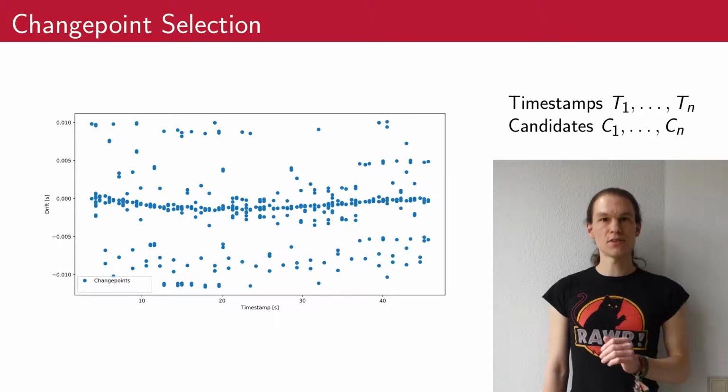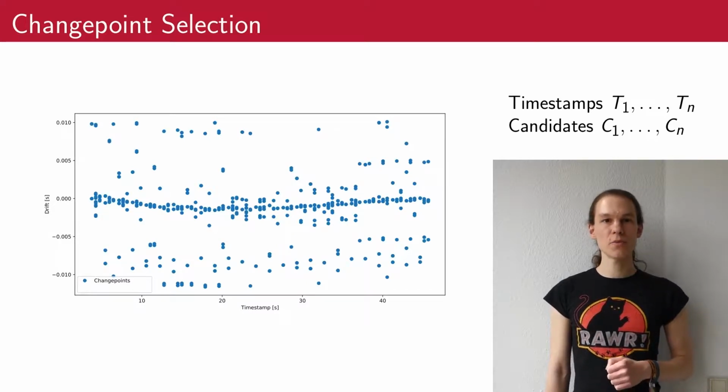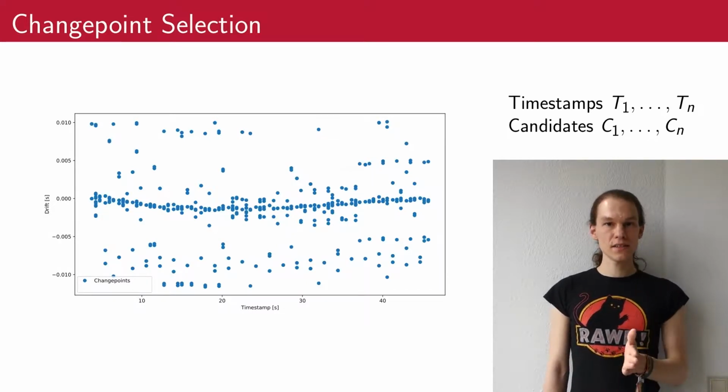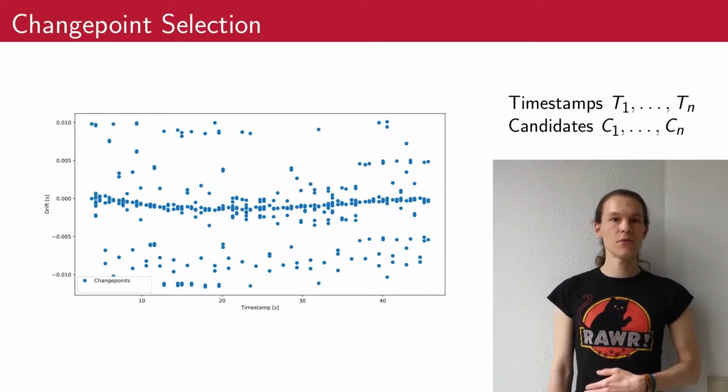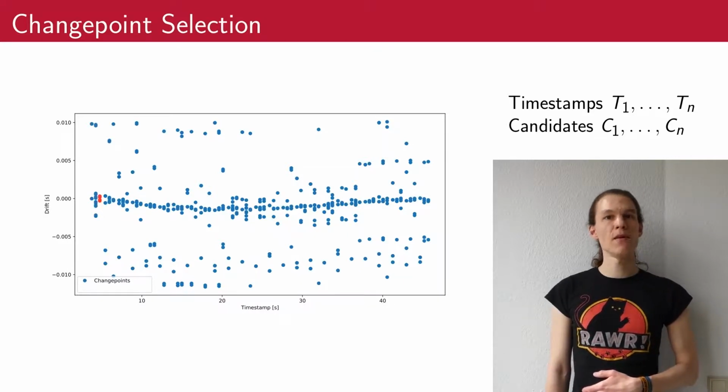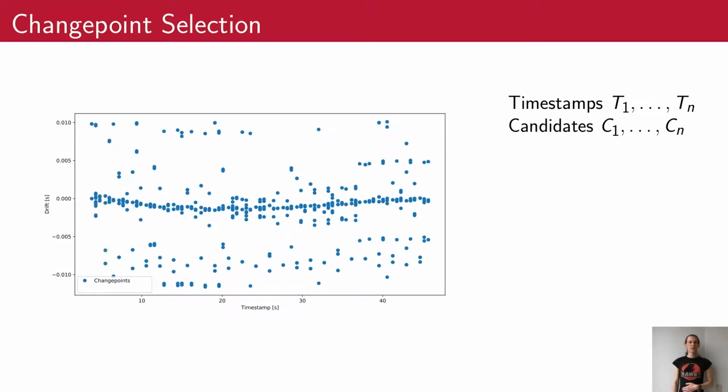So given a series of timestamps t corresponding to benchmark events and candidates for each individual timestamp, which are shown here on the y-axis with the corresponding drift, we first initialize our algorithm with candidate sets for the first and last timestamp. These coincide with the in-band signaling synchronization signals. So by definition, the error is 0.